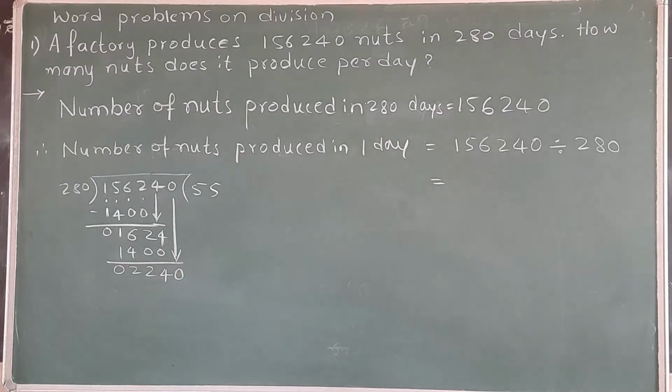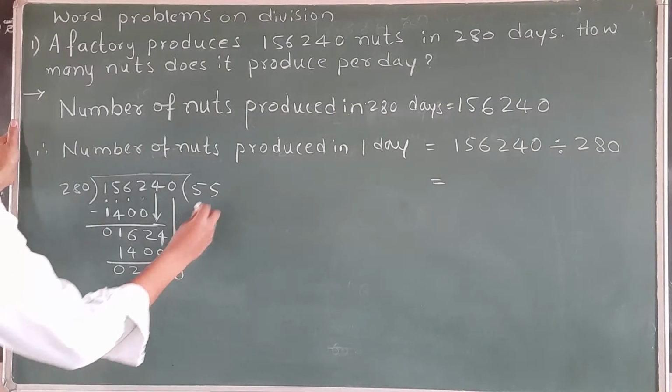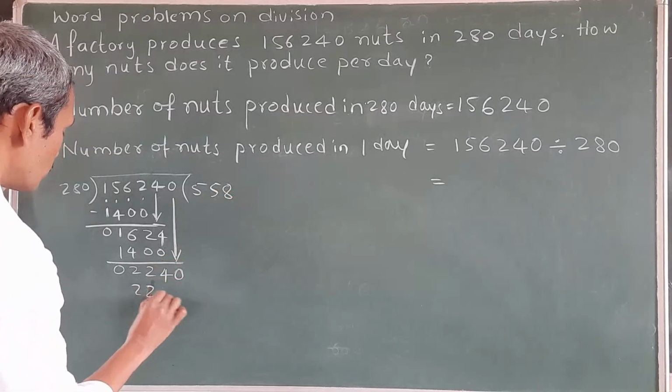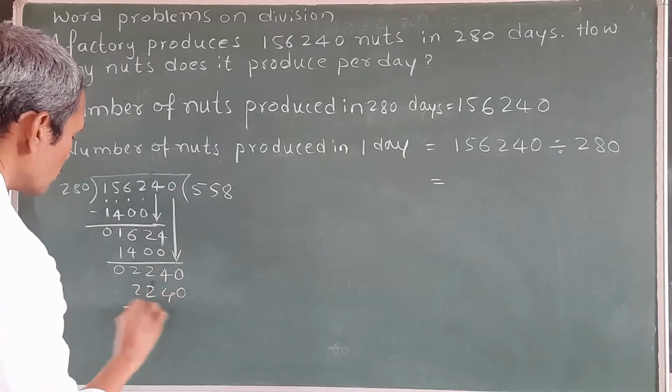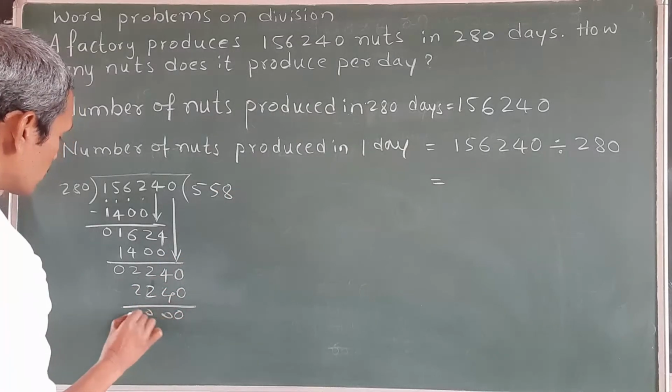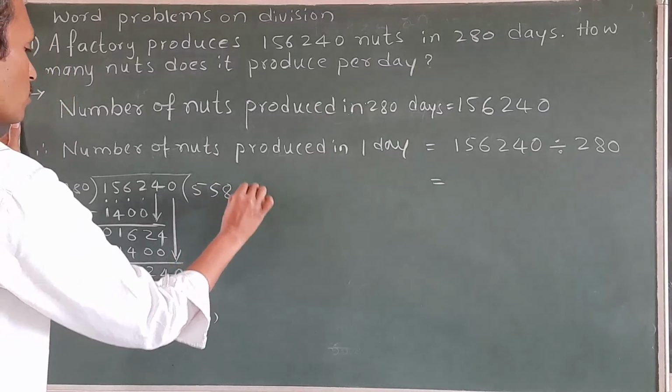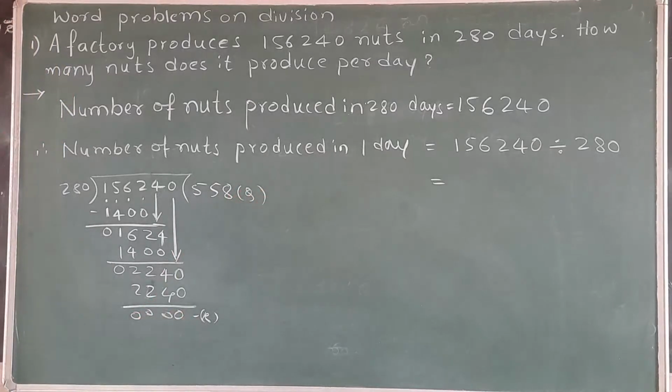Now 8 times 280 is 2240. It is there in this table. We will get 0 as remainder, and this is the quotient. 558 nuts will be produced each day in that factory.